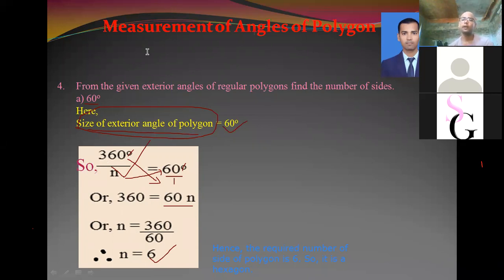In the same way, if the size of an interior angle is given, by using the formula for the size of the interior angle, we can also find the number of sides. So you can find the number of sides by using the formulas if the size of an exterior or interior angle, or the sum of the interior angles, is given. I hope you understood all the solutions that we discussed today.